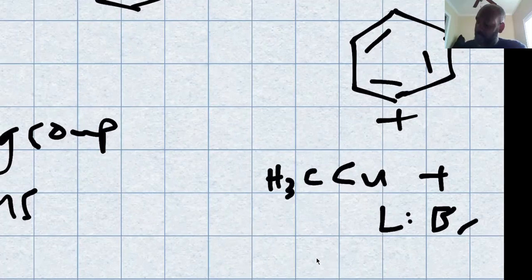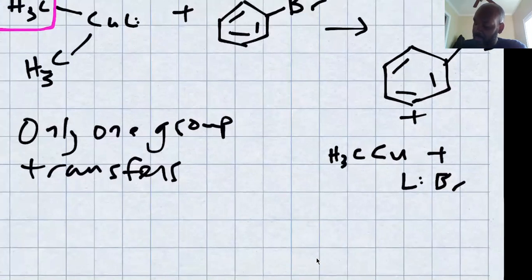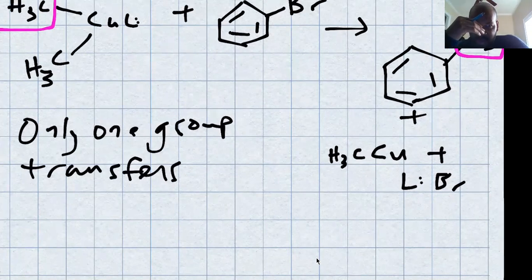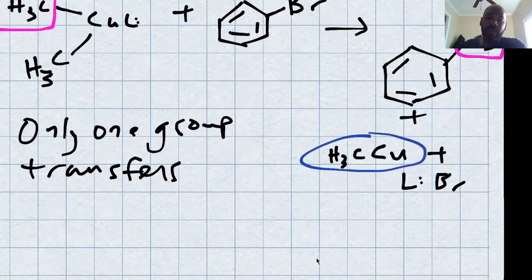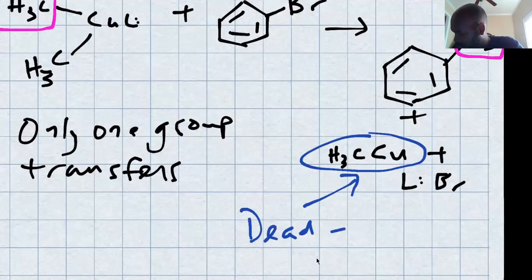So this is the coupling product right here. One of those CH3s came from the Gilman, and the other one stayed with copper. That's one of the drawbacks too, because you end up wasting those groups, which we call ligands. You end up wasting them because once you get to here, this is useless. This is dead. It can't go back and couple with another aryl halide or alkyl halide. Once you get to this point, this is dead, so you can't do another reaction.